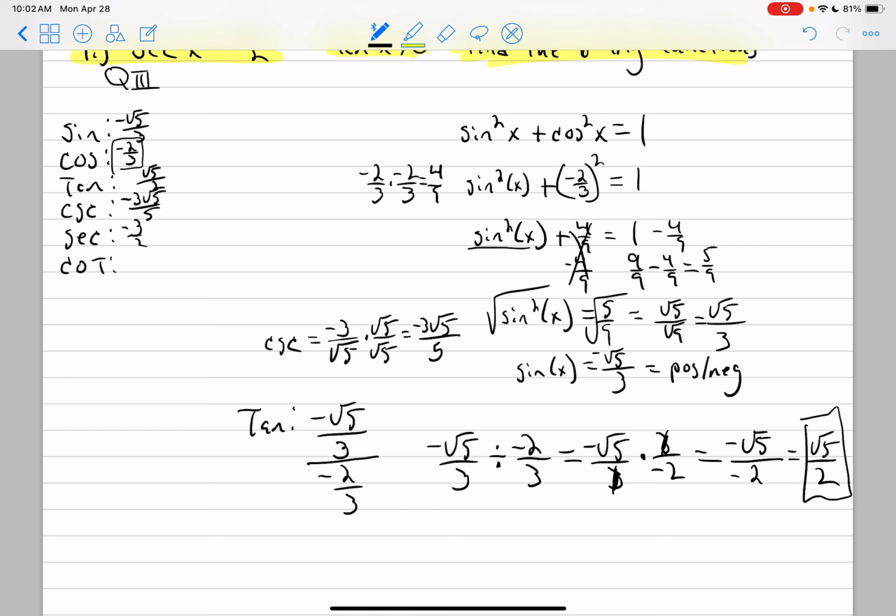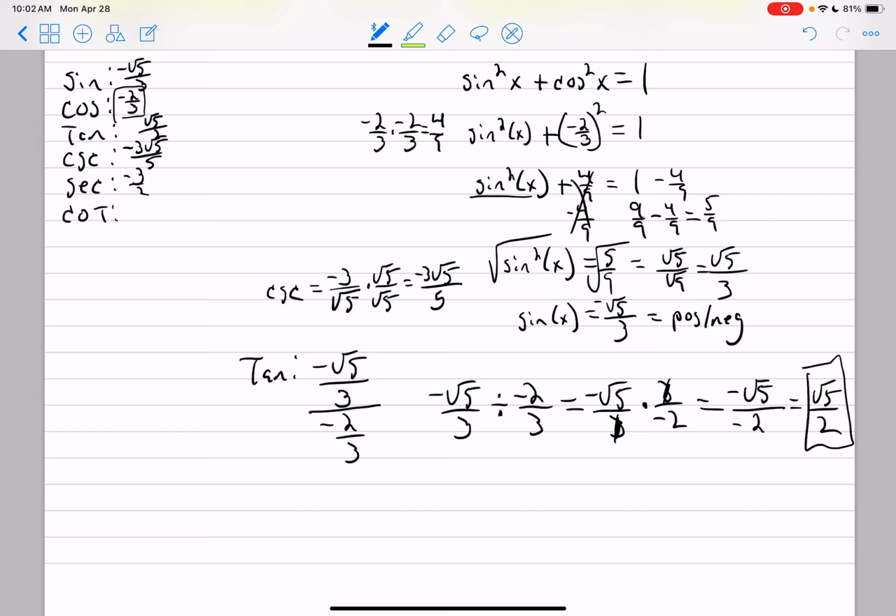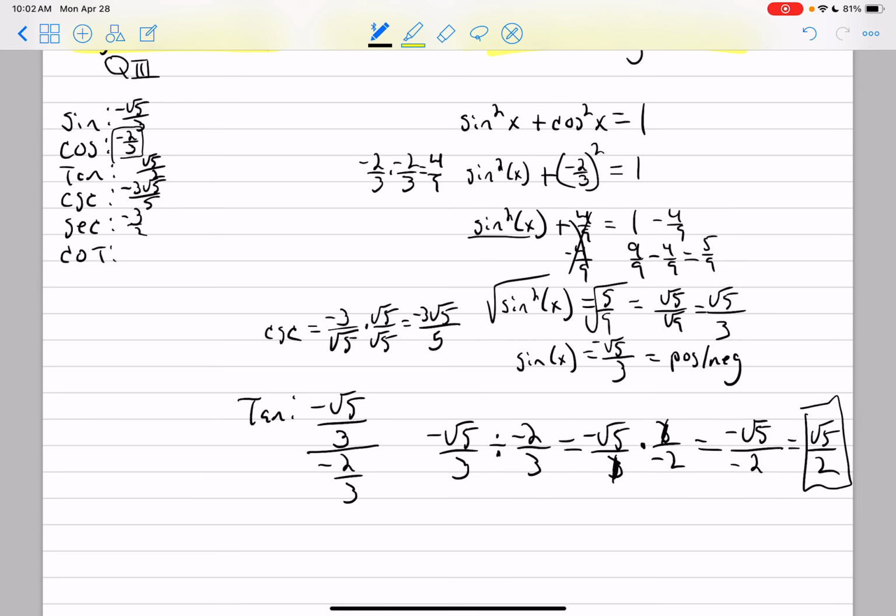And finally, the cotangent is the reciprocal of tangent. So if tangent is root 5 over 2, cotangent is 2 over root 5. And if we simplify that, times root 5 over root 5, we get 2 root 5 over 5.